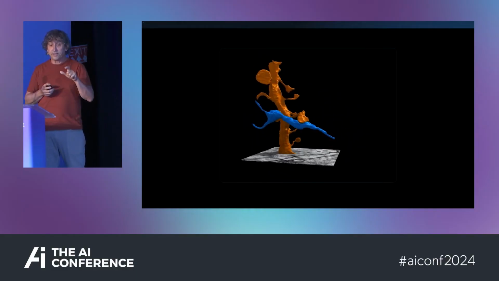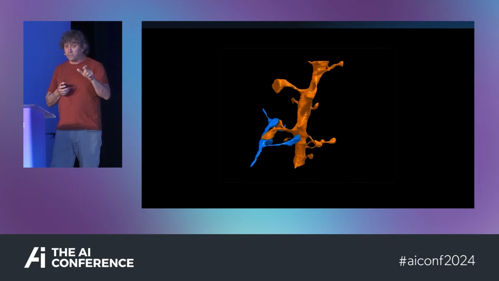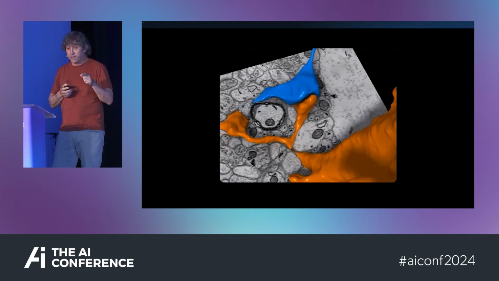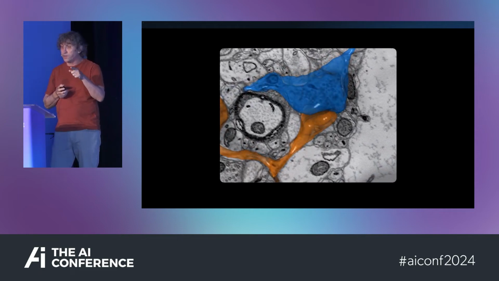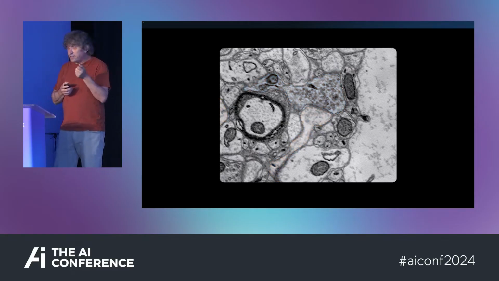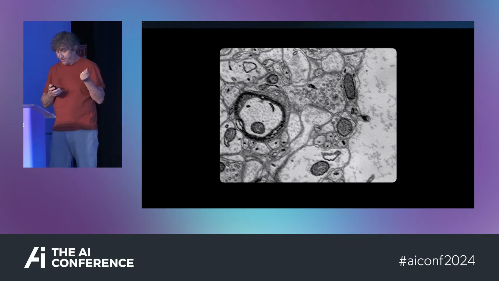Here you can see blue and red parts of a neuron, and a connection between them, a synapse. Here you can see the synapse where the blue and the orange neurons connect. Now, these synapses are the weights in your brain, these are the parameters. And you have a quadrillion of these in your head.